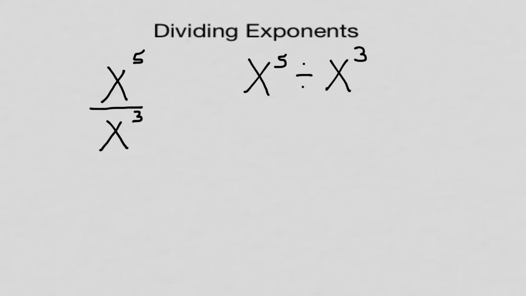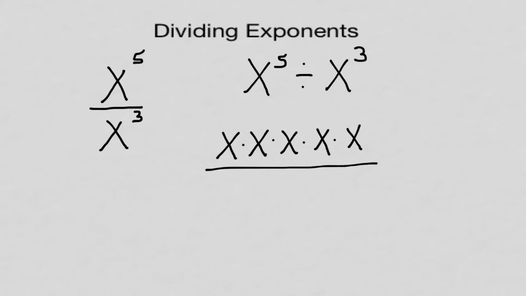All right. First, I'm going to draw this out so you can actually get a feel for what's going on here. X to the fifth. That's x times x times x times x times x over x times x times x. Okay?